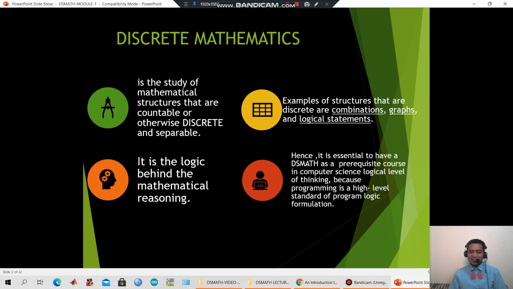So, possibility, it's so hard to know the total number of combinations. In a sense, discrete math is actually explaining these formulas for combinations and other functions and mathematical equations. But logically, we are not actually deriving the formula. We are looking at the logic behind this math. That's discrete mathematics.